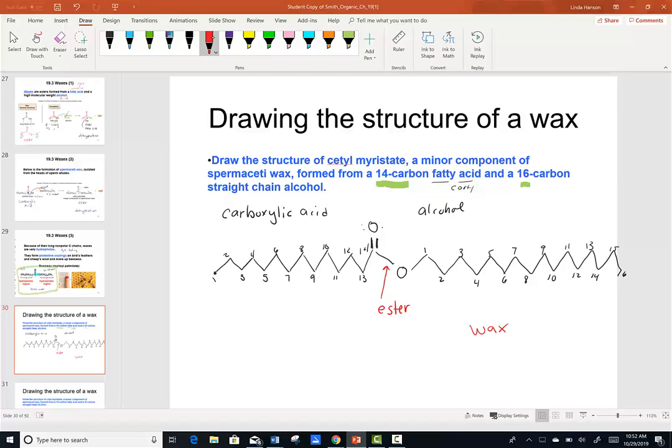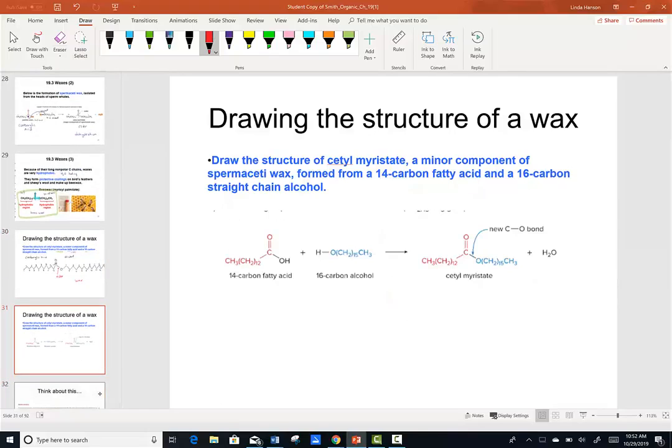Spermaceti wax has this as a minor component that we just drew. And if we tear that down, we're looking at the structure of the original acid we just drew having 14 carbons. The original acid, 14 carbons, and notice I say acid, that's the COOH, the COO formation.